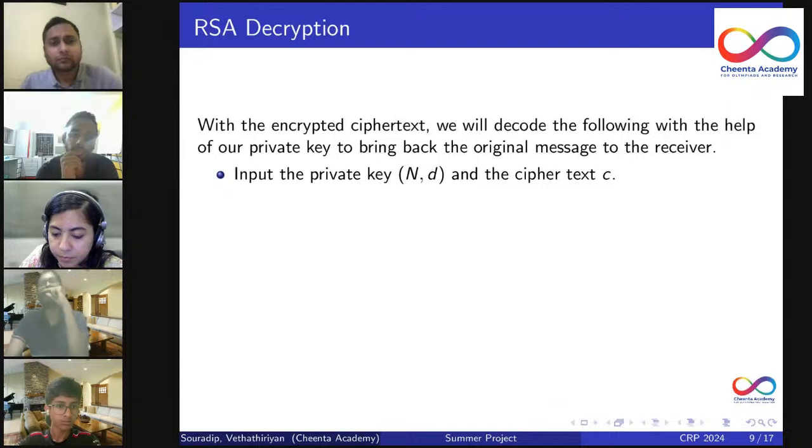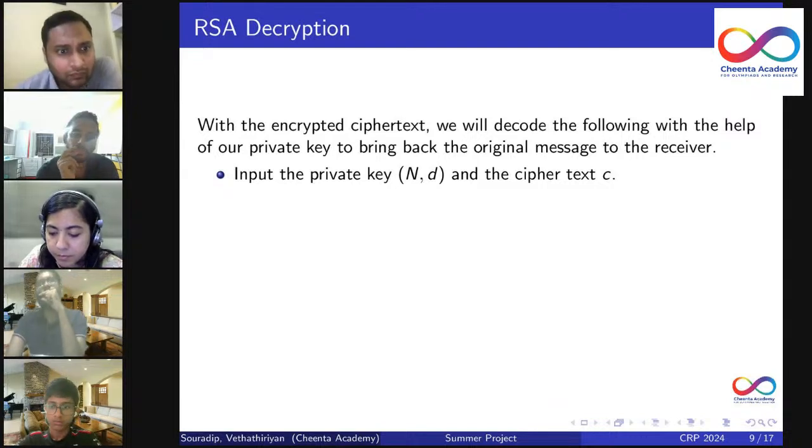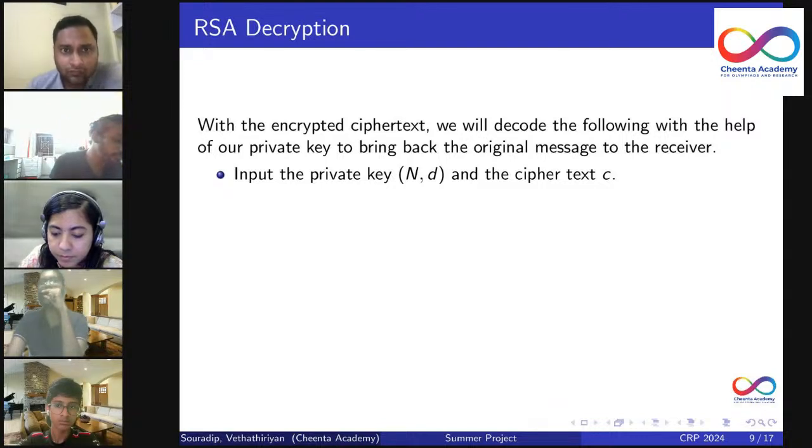With the encrypted ciphertext, the receiver takes the ciphertext and the private key that he has personally, which is not available in public.